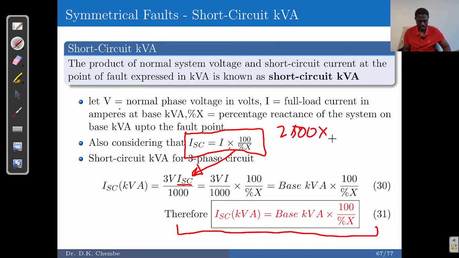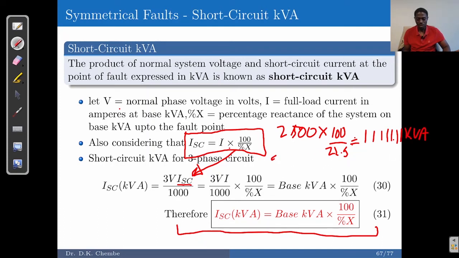If you multiply that by 100 over the percentage reactance, which was 22.5, you will get roughly 11,111.11 KVA.